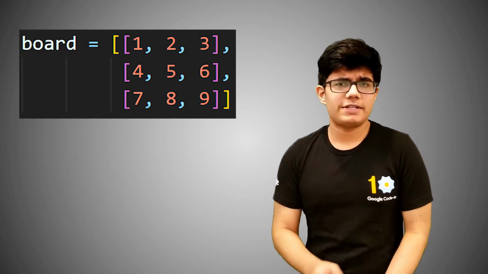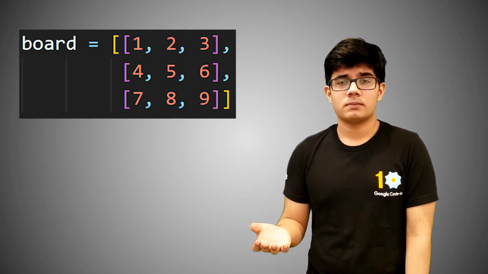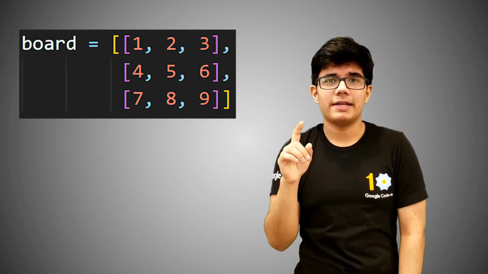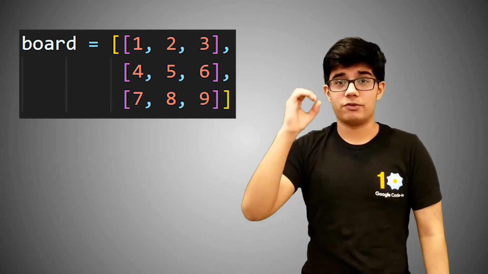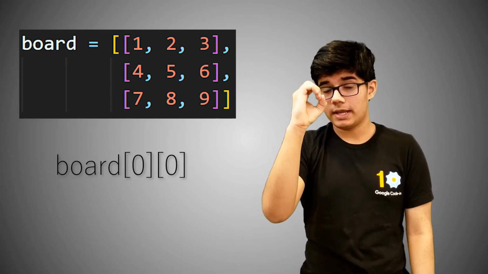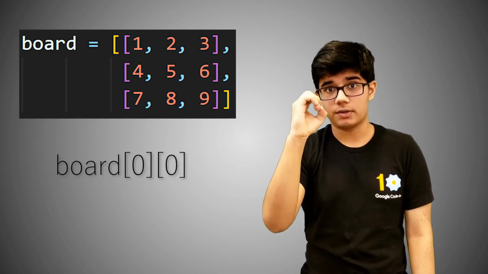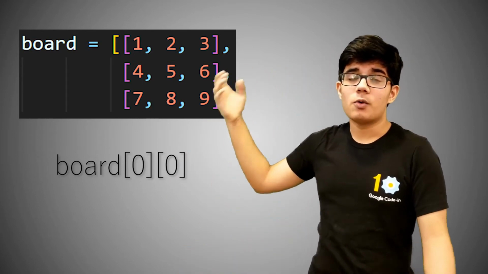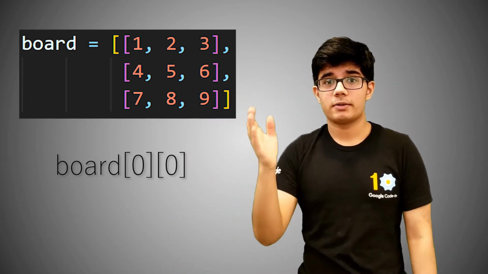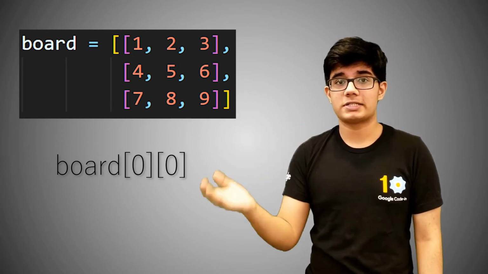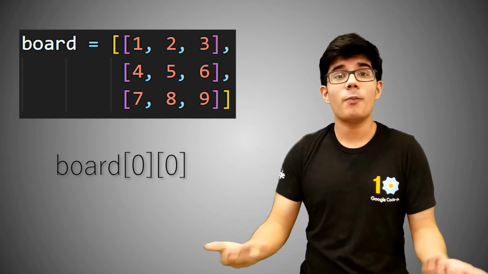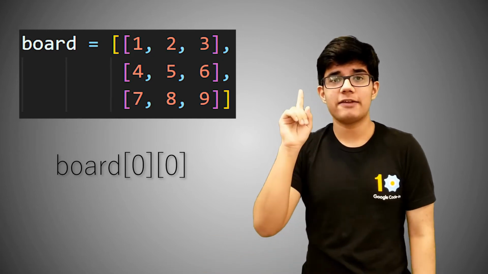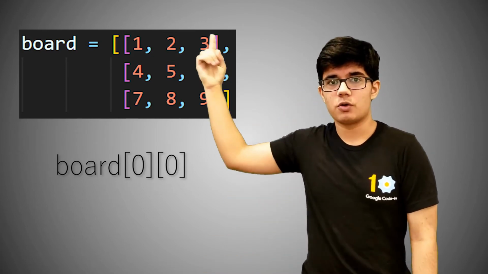You can think of a 2D list as follows. The top left number, the very first one, can be represented by a row of 0 and a column of 0. So, because of that, we can say that board, open square bracket, 0, closing square bracket, and then again, open square bracket, 0, closing square bracket, accesses the first position, which is 1.